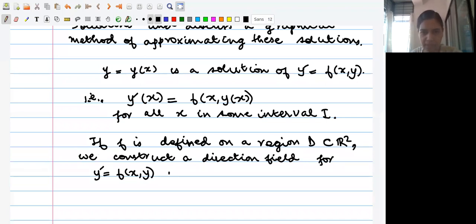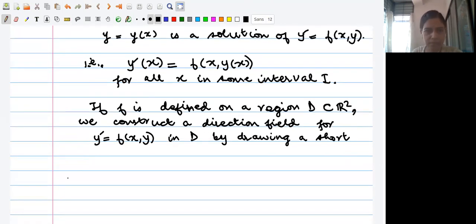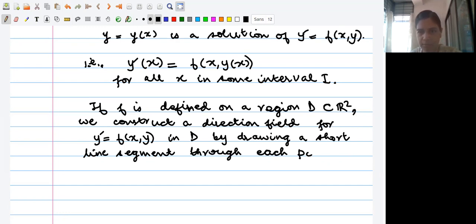So where is this direction field defined? On D. And how do we define it? By drawing a short line segment through each point (x, y) of D. So how do we draw this line segment?